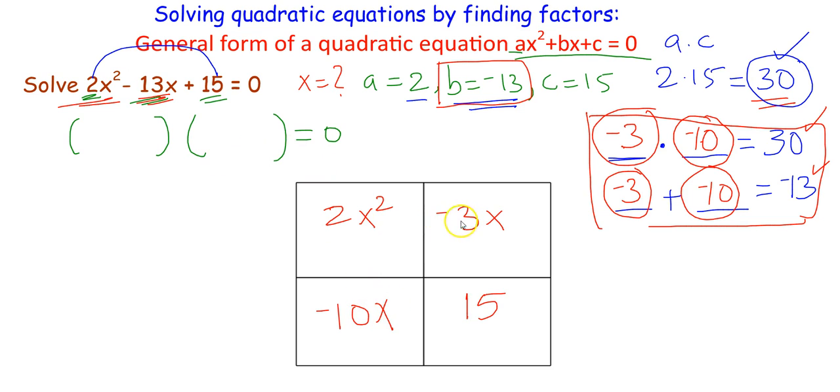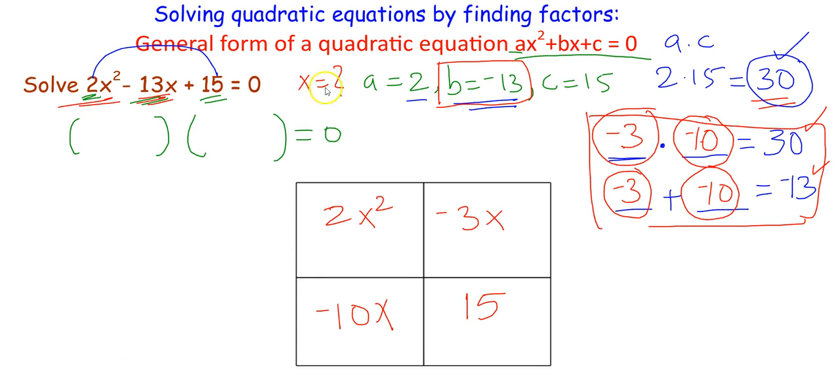So adding those two, negative 3x and negative 10x is nothing but negative 13x. So we didn't change any of these terms. We are copying as it is, but only for our convenience, we broke down that negative 13x as negative 3x and negative 10x.